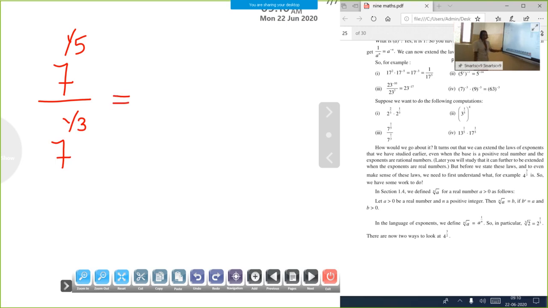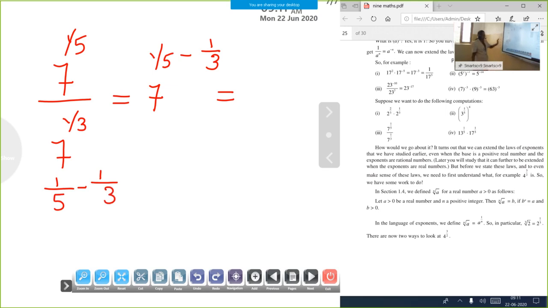Using the formula a raised to m divided by a raised to n equal to a raised to m minus n, we can write here 7 raised to 1 by 5 minus 1 by 3. So next we need to solve it, 1 by 5 minus 1 by 3.